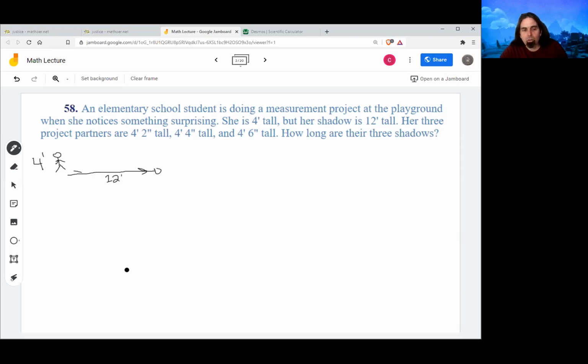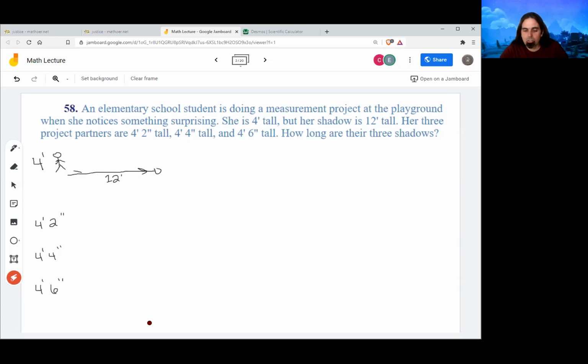So she's wondering, how long would the shadows be for the 3 other students that are 4 foot 2 inches, 4 feet 4 inches, and 4 feet 6 inches. This makes sense as a scale factor because we're doing the same kind of thing 3 different times. And that repetition will make this more efficient.